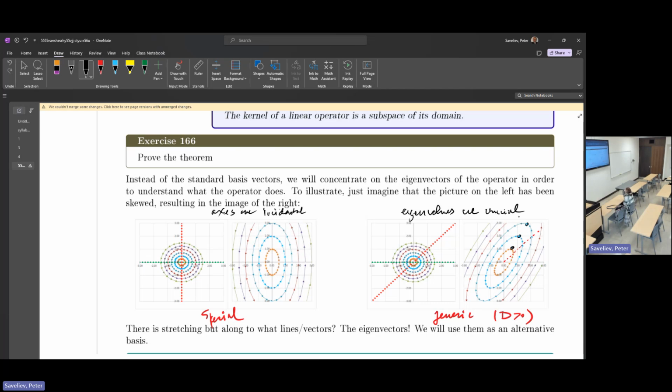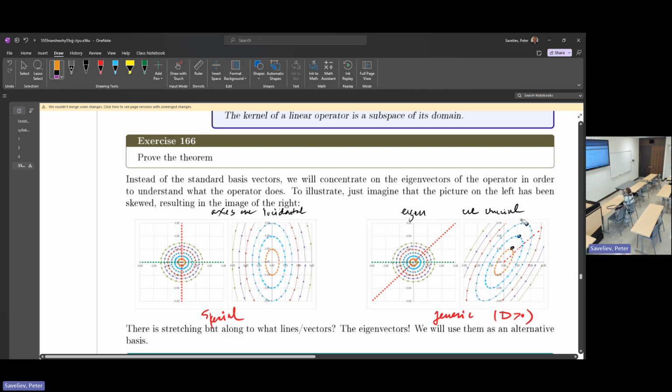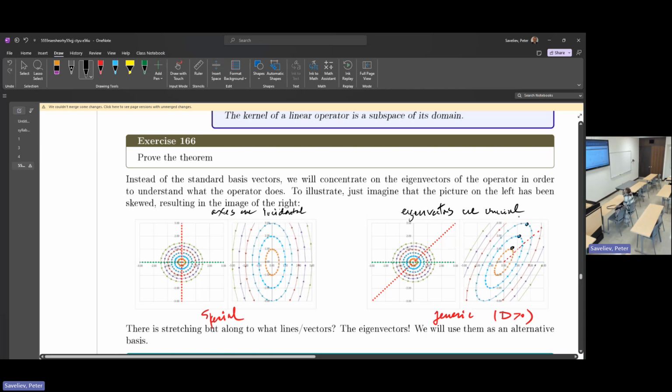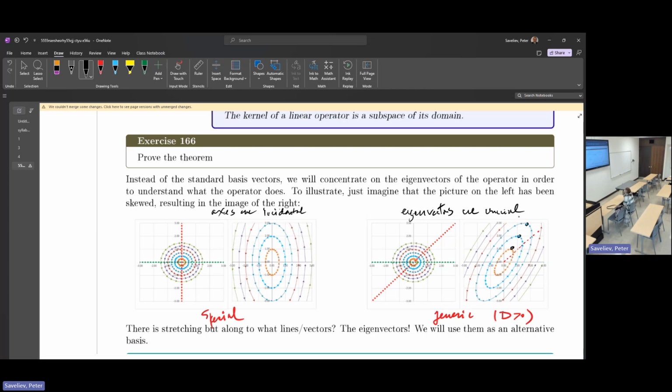But if we do have a linear operator that we concentrate on, we had better concentrate on its eigenvectors than on the axes. It may be that nothing interesting is happening along the axes, but everything interesting is happening along the eigenvectors. So the idea we're trying to follow is to throw out the axes, as in the basis vectors, and replace them with the eigenvectors.